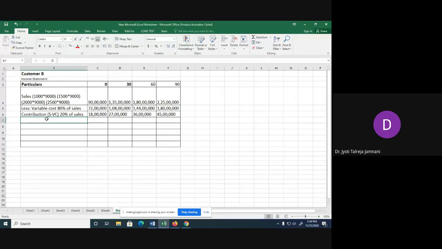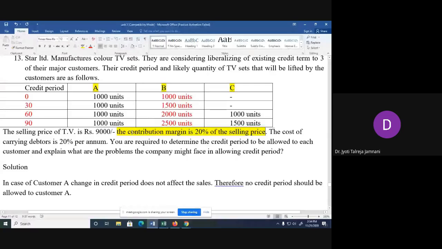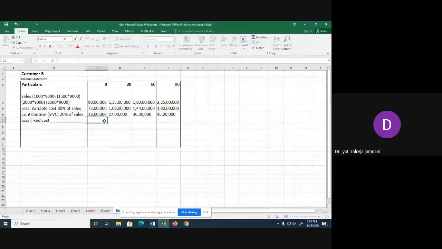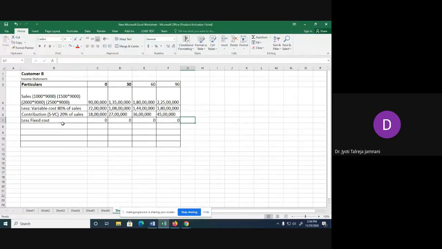After that, we minus the fixed cost. You see here, they have not mentioned anything about the fixed cost. In the entire problem, fixed cost is not given. So we are not going to assume anything. We will take it as 0 because it's not given. So there is no fixed cost.